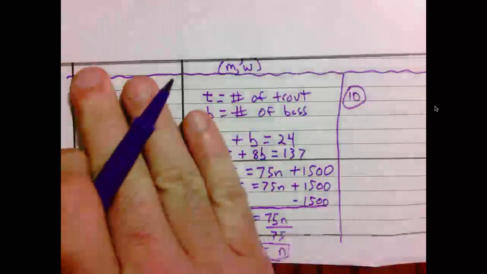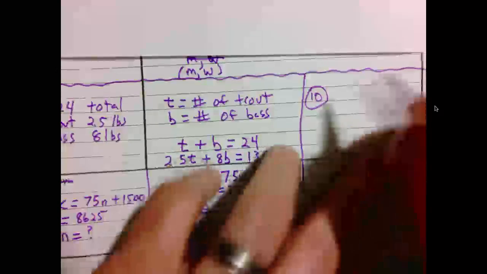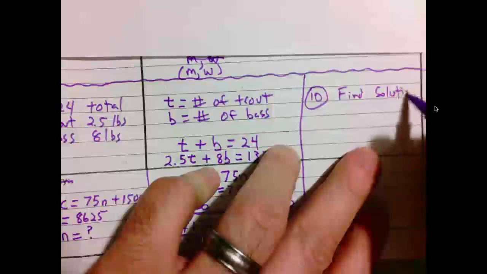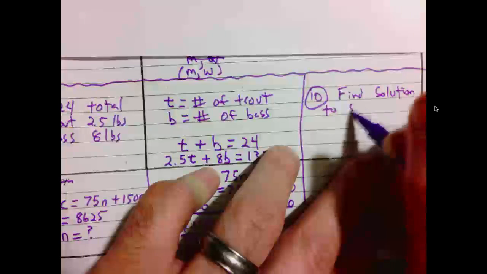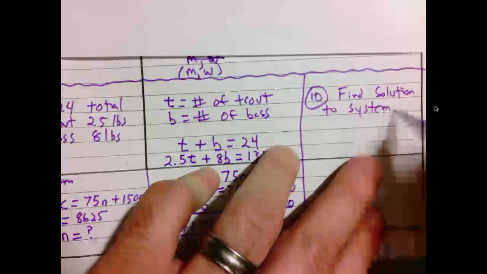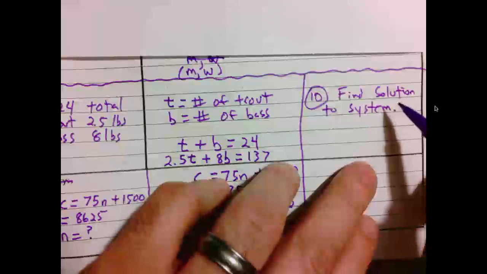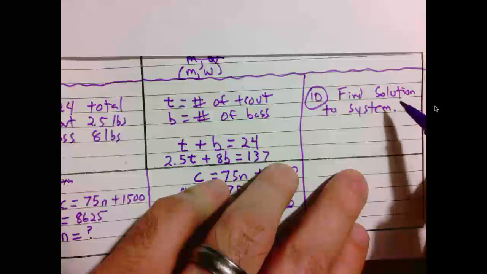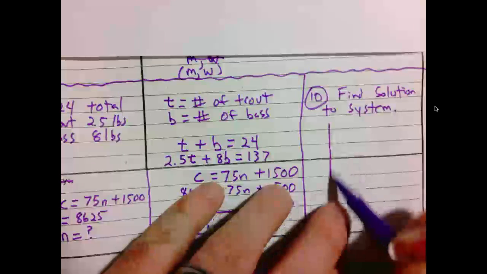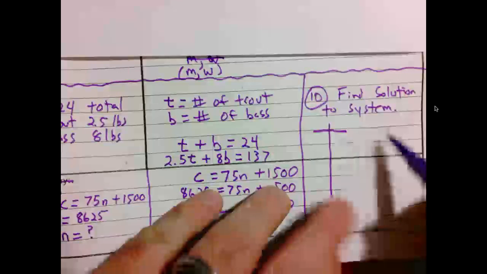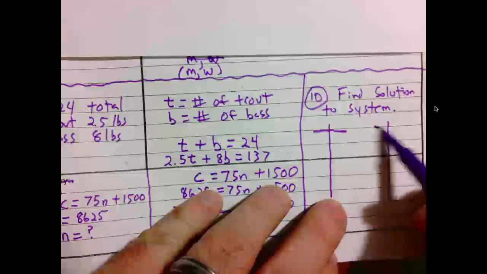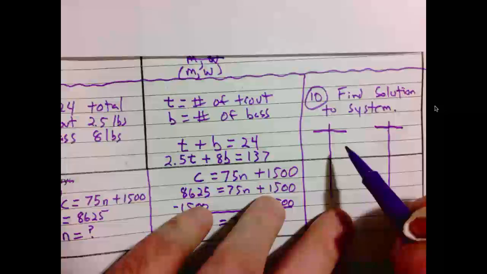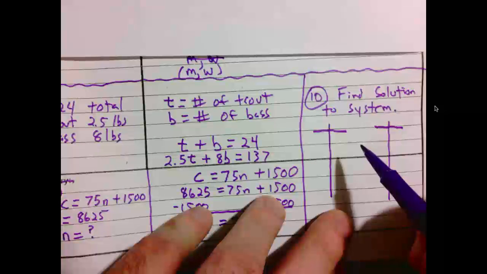The last problem, number 10. 10 asks us to find the solution to the system. Well, the solution to the system is the one point the two functions have in common. If you look at those two mappings, mapping 1 and mapping 2, there's one ordered pair they have in common.